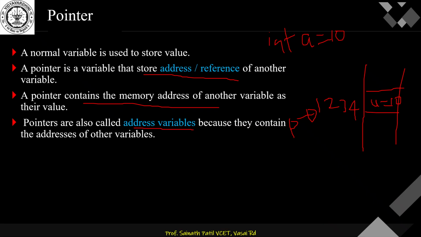So when you say P is a pointer to A, that means the value of P must be 1, 2, 3. That means P is also stored somewhere in memory, where its value will be 1, 2, 3, and that is what points to A.